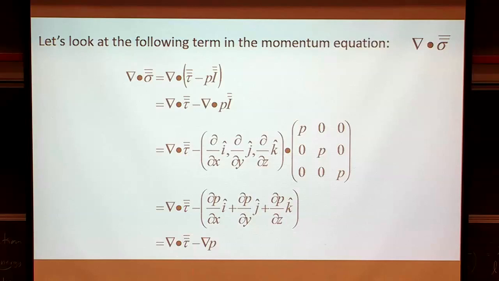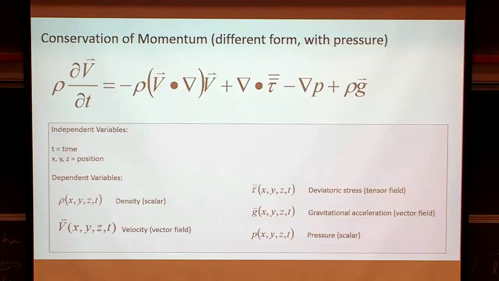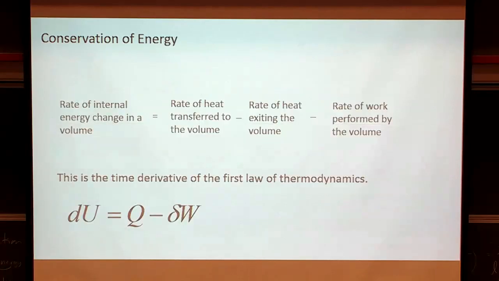It's also useful to talk about deviatoric stresses because you could be in a situation where you have lots of stress in every direction, but that stress isn't different in each direction, so it's not causing any deformation. So it's not interesting. Therefore, here's another way of writing the conservation of momentum with that pressure term and with the deviatoric stress. This is identical to what Michael had yesterday.